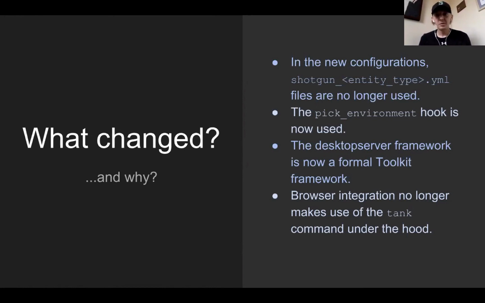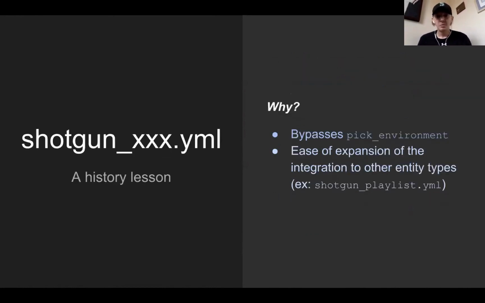So if we move on, why did we have the Shotgun environment files to begin with? A little bit of a history lesson. What it comes down to is the primary reason for that was simply that we needed it to run as quickly as possible.